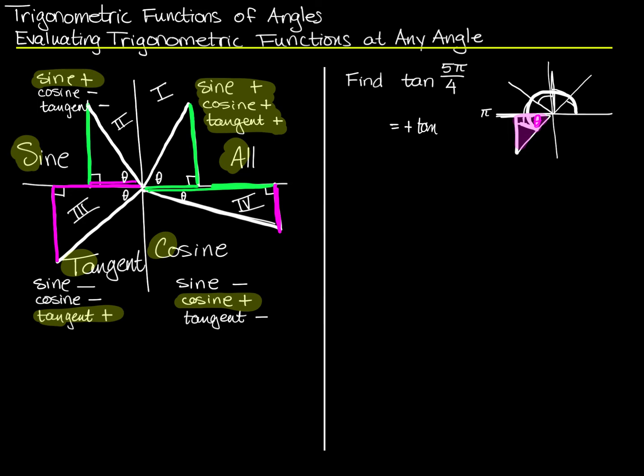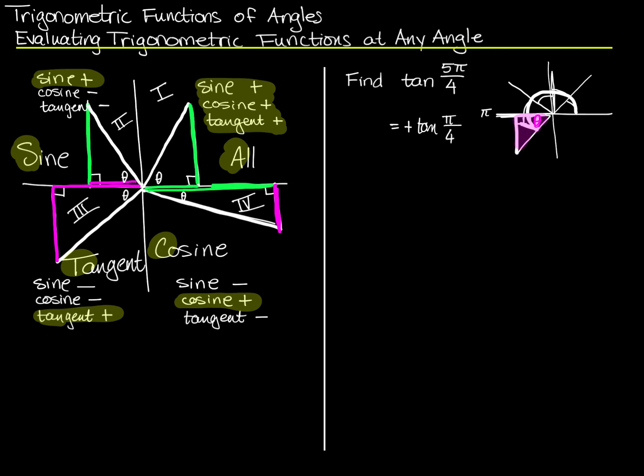And the reference angle is just this little angle here, not the big one that we were actually looking for the value for, but the little reference angle, the one that makes our right triangle. That's just pi over 4. So the tangent of pi over 4 will tell us what the tangent of 5 pi over 4 is. And because it's in quadrant 3, we know it's positive. That's because it's opposite over adjacent, and they're both negative.